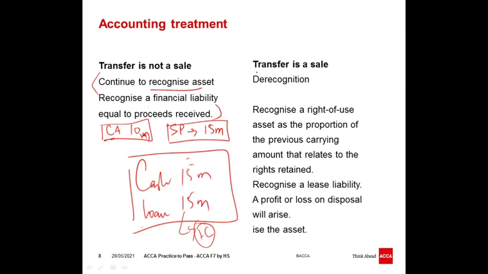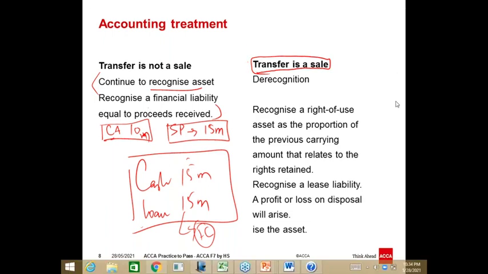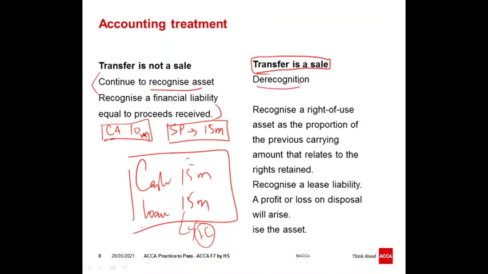Now, in the situation where the transfer is a sale, that means that you have lost the control. So that is called de-recognition. You need to de-recognize the asset from the books. So first you need to make the accounting entry for the normal sale: cash debit, asset credit, and gain credit in the income statement.